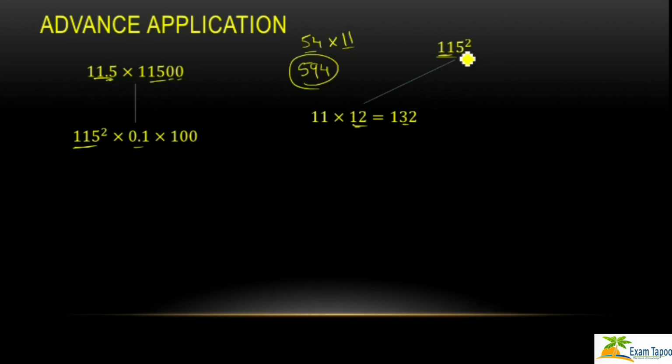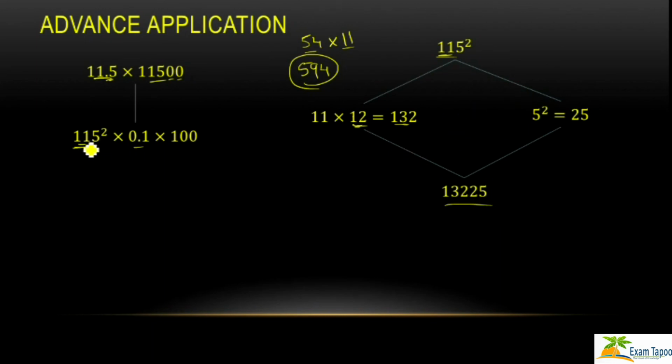Now to calculate the 115 square, I identified the number before 5, that is 11. I will multiply this 11 by 12, I will get 132. Now I will take the square of 5, that is 25, and then I will join the results of this step and this step. So 132 and 25 will give you 13225. So this is the result of this calculation.